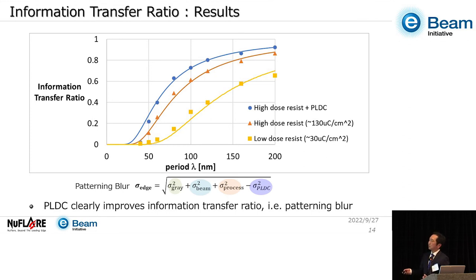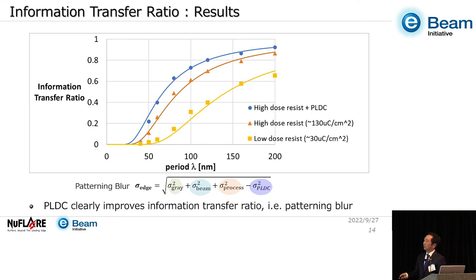So this yellow or orange curve shows the low dose resist case with about 30 microcoulomb per square centimeter. In my talk on Thursday, we will show that this curve mainly stays the same because the process blur is dominant.